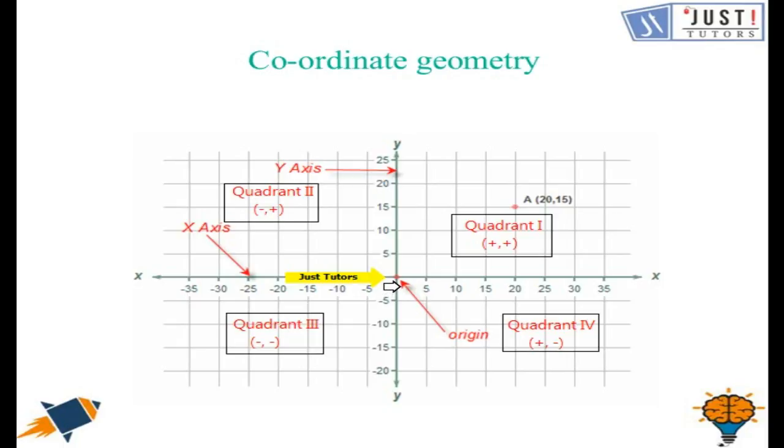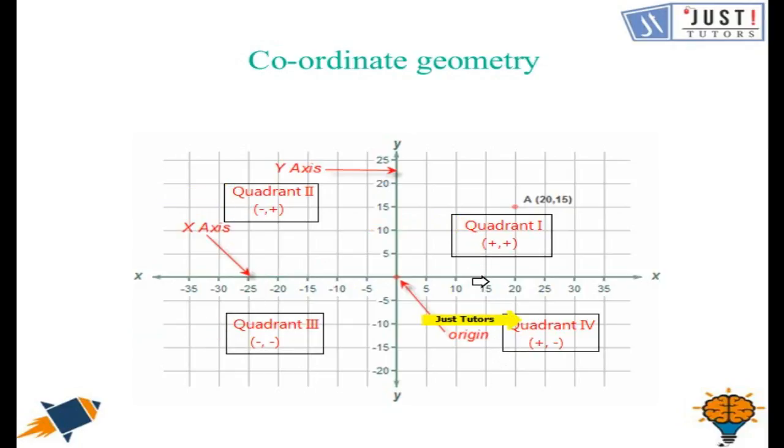In the Cartesian coordinate system, each point is uniquely placed in a plane by a pair of numerical coordinates, which are at given distances from the origin, measured in the same unit of length. This Cartesian plane is divided into four quadrants: quadrant 1, quadrant 2, quadrant 3, quadrant 4.